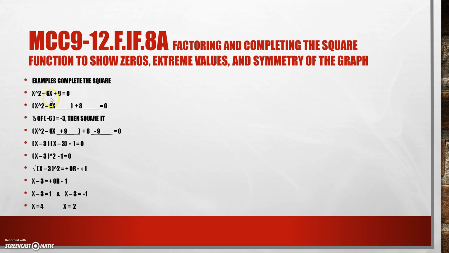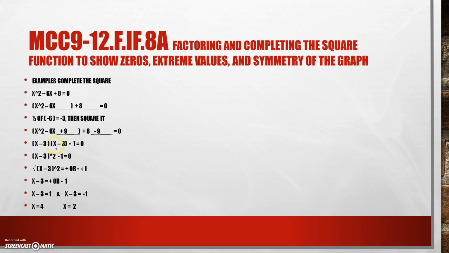x squared minus 6x plus 8 equals 0. Then we make a space right here, divide this by 2, and then you have to square that, and that would just be plus 9 plus 9, and then you have to factor. So after we factor that, just simplify it, and it would be x minus 3 squared.